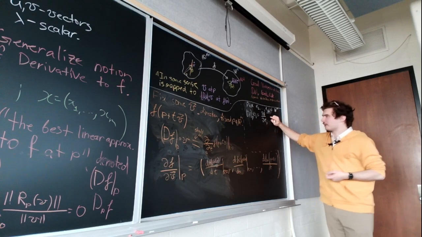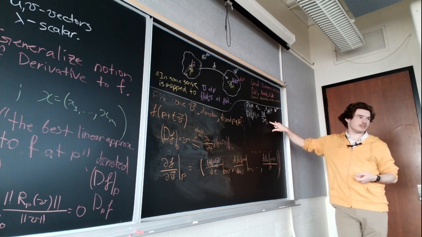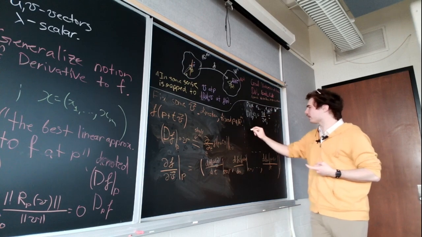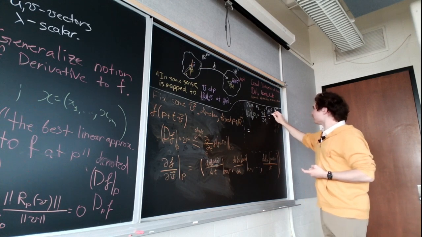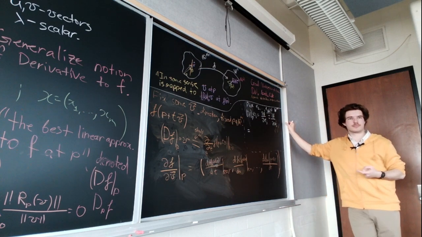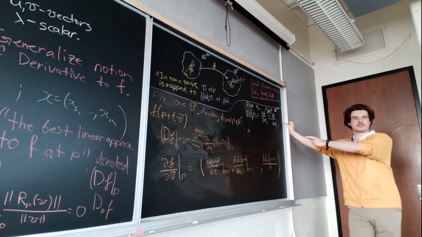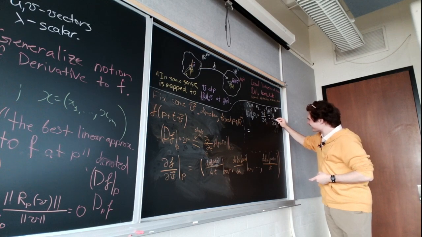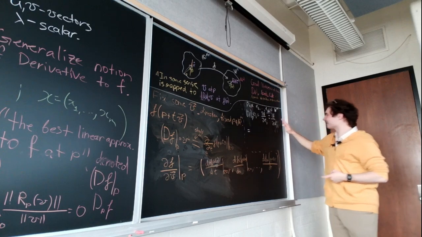But instead of writing df partial ej, what people write, and I'm introducing the notation, is partial f partial xj.